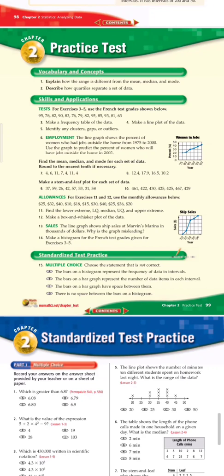Make a frequency table of the data. 4. Make a line plot of the data. 5. Identify any clusters, gaps, or outliers.